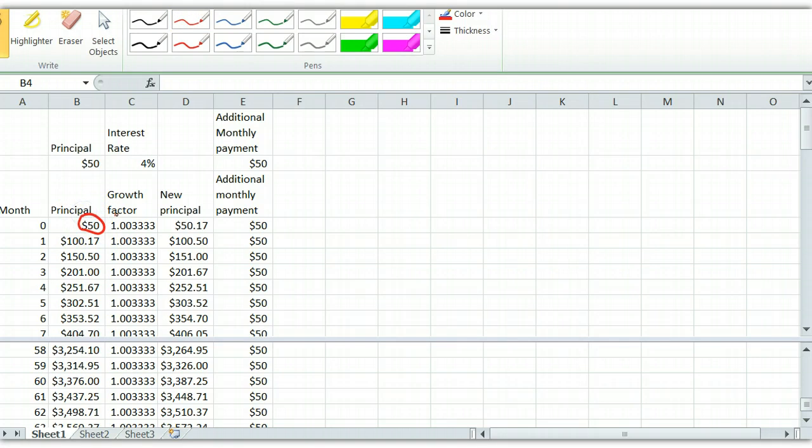So there's my first payment at time 0. Here's my second payment, and that's in the 0th month, but not really because I'm putting that additional payment at the end of that first month. So really, my second payment is part of this right here. So that would be my second. This would be my third. And if you look at this month is 1, and at the end of my column, I have my third payment.